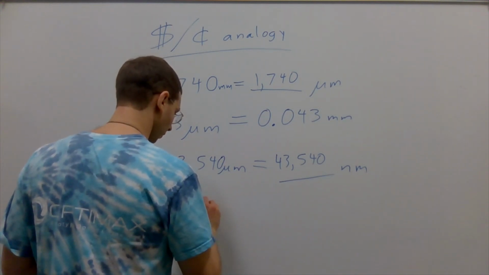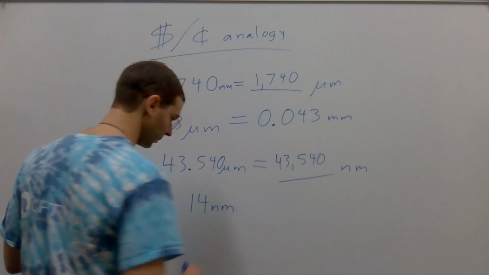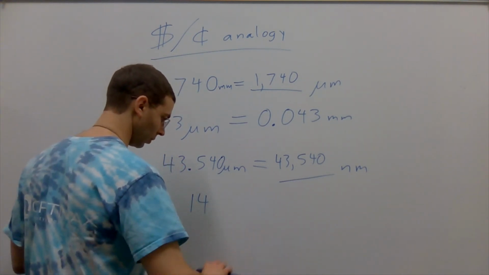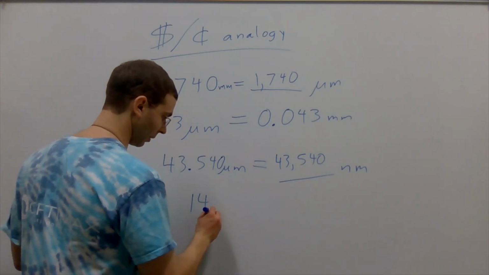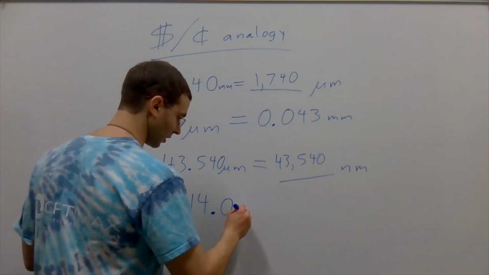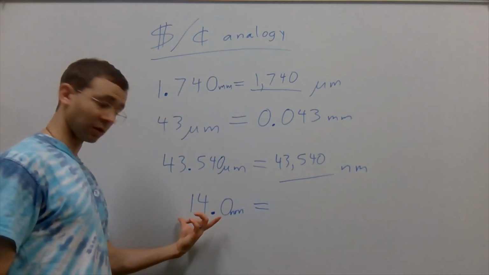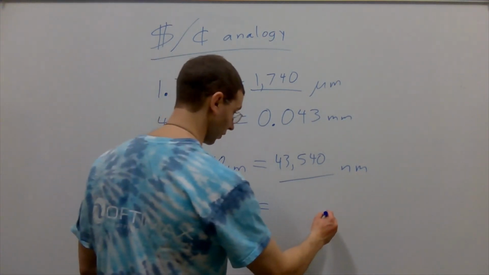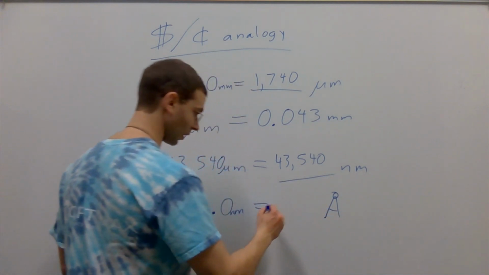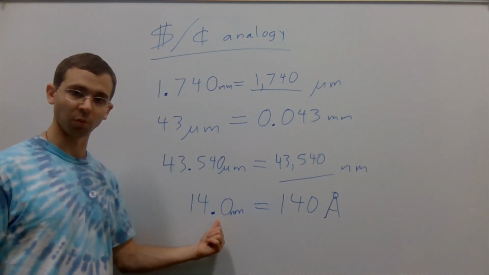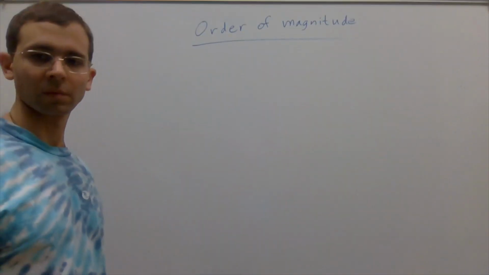So if you have 14 nanometers, that's 14.0 in this sense, thinking about the dollars and cents here. Then if you want the number of angstroms, that would be 140. I think this place here would be the 1 angstrom place.